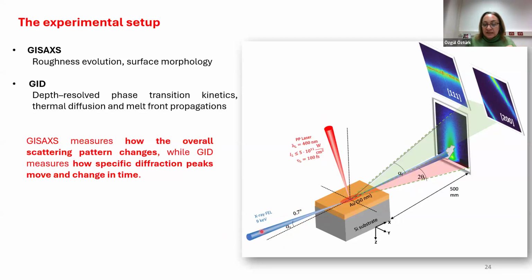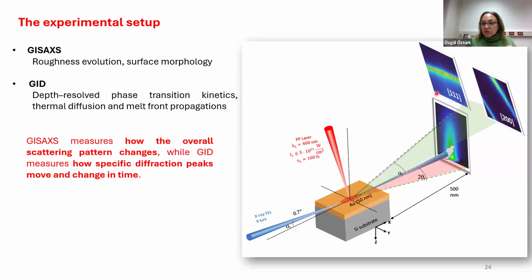We probe this with X-ray, a free electron laser. We send the X-ray at a shallow angle, with a grazing incidence angle, here 0.7 degrees. Then we have three different detectors. One detector, this one, is for GISAXS. The other two are placed according to the angles for GID.